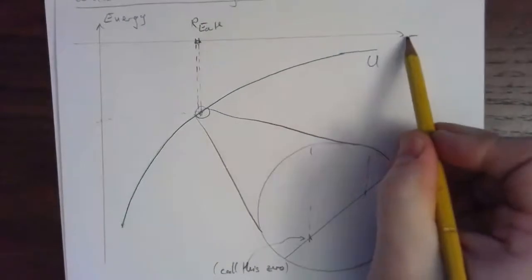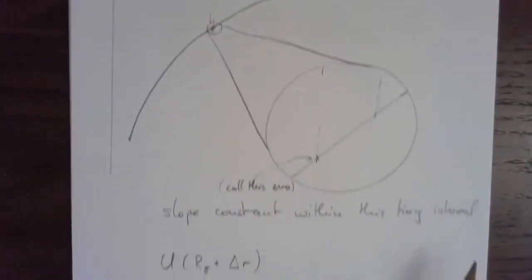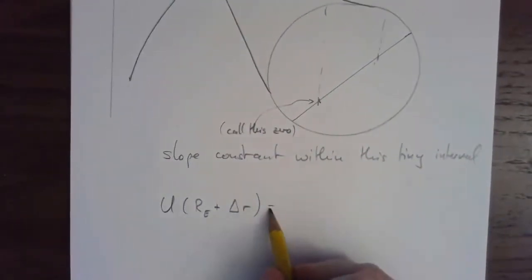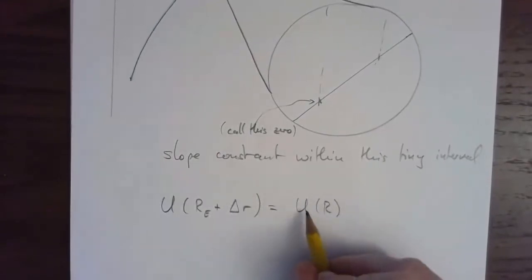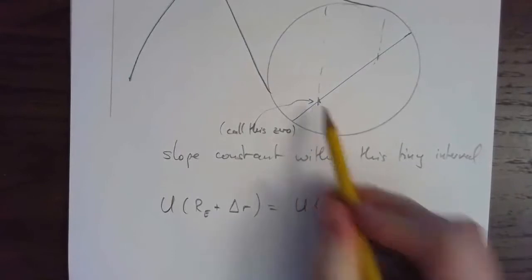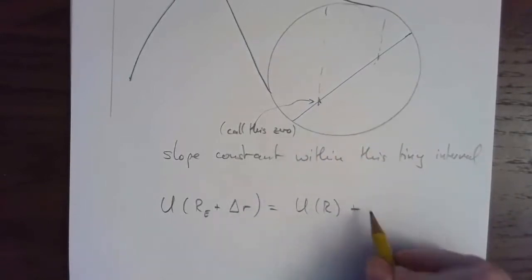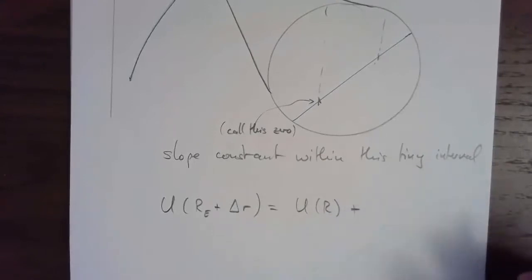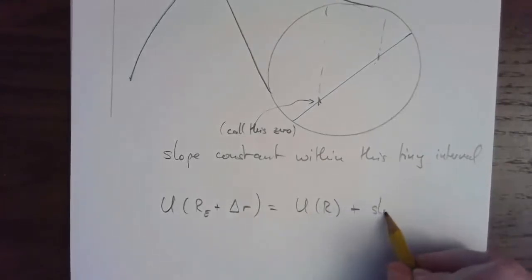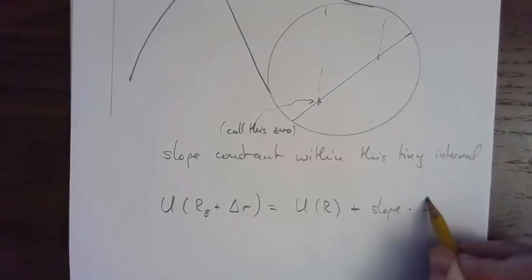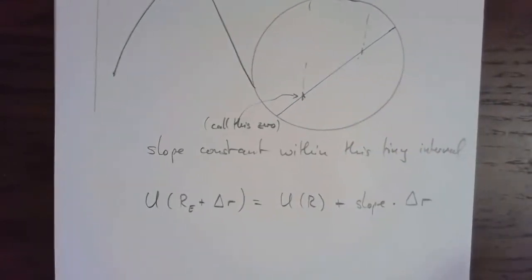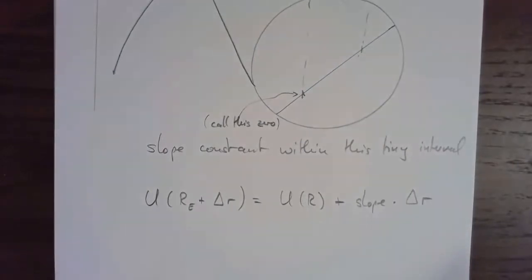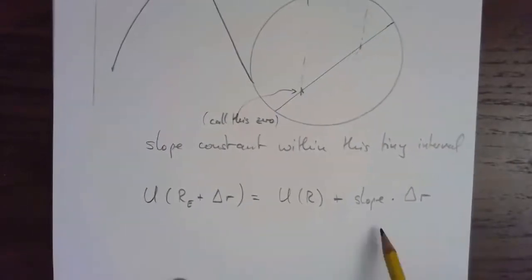A small change in my separation from the center of the Earth is equal to my potential energy at the bottom of the mountain plus the slope times this, because it's effectively a straight line. Now I just have to find the slope.